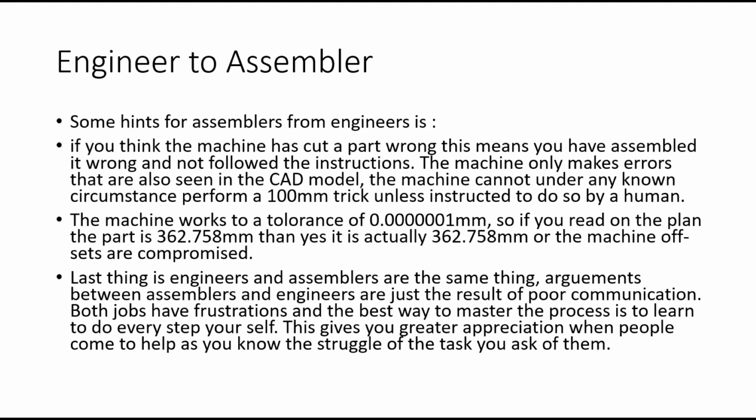The machine only makes errors that are also seen in the CAD model. The machine cannot, under any known circumstances, perform a 100 mil trick unless instructed to do so by a human. So if you get a part and it's 16 mil too small or something like that, there's a thing called a C value, which is essentially the tool's offsetting.